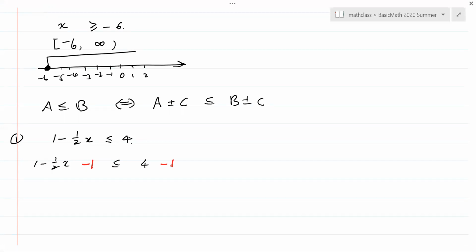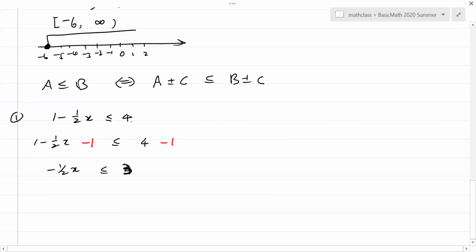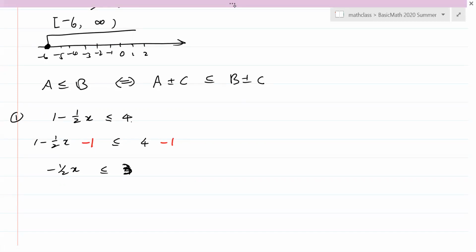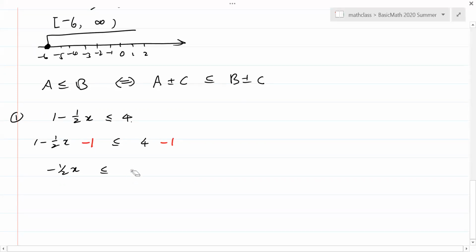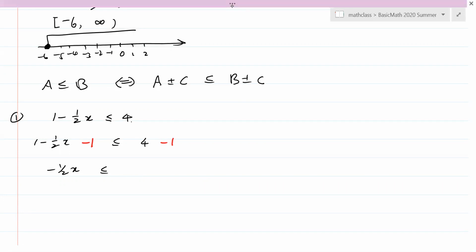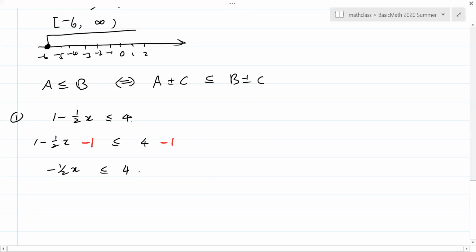What you did is simplify the left-hand side. 1 minus 1 is gone, so it's -1/2 x less than or equal to 4 minus 1, so it's 3.